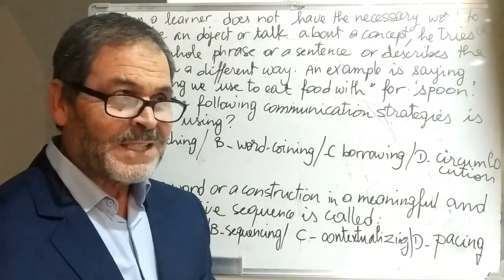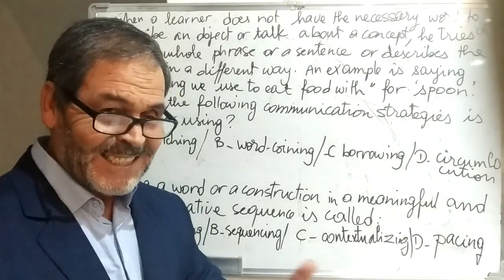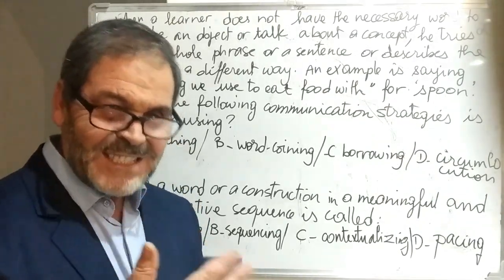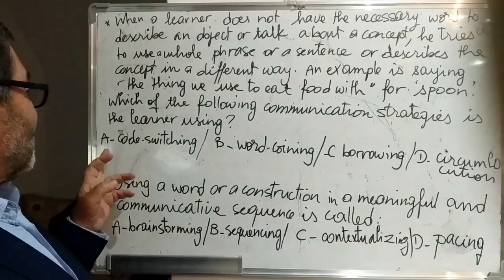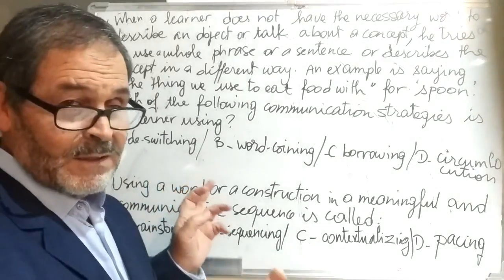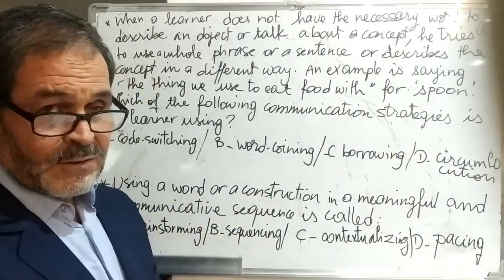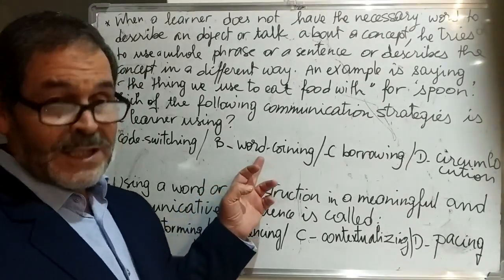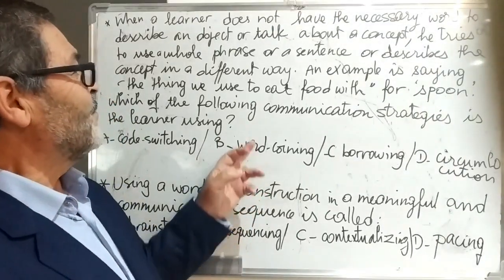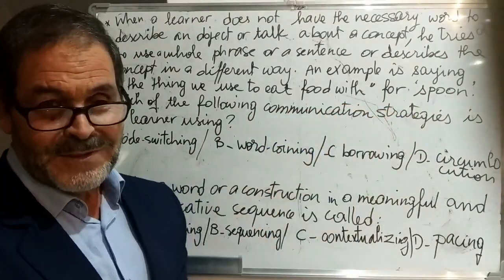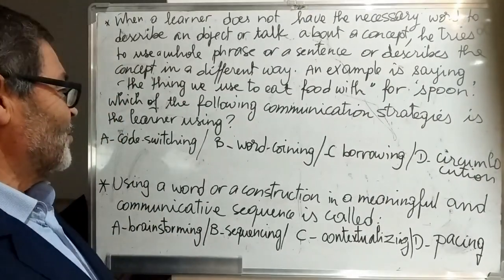Like in Arabic, when we say al-maut, we don't say al-maut, we say al-wafat. So here we try just to change the word. Okay, we call it circumlocution. And code switching, you know, is when we use two languages. Word coining is the correct answer. We coin a word for the word spoon, for example. We try to find the exact word.